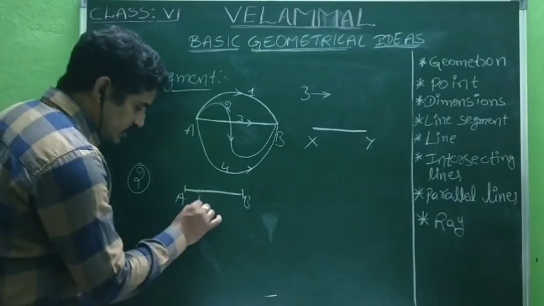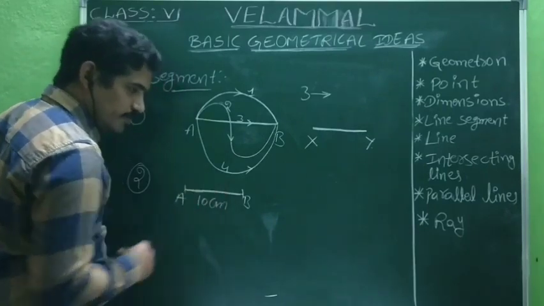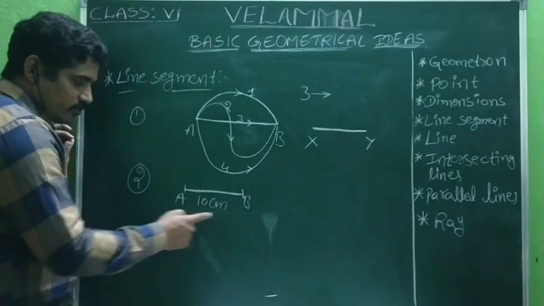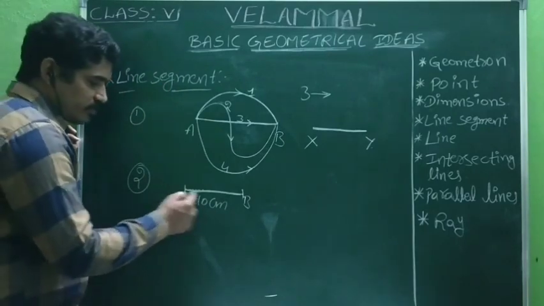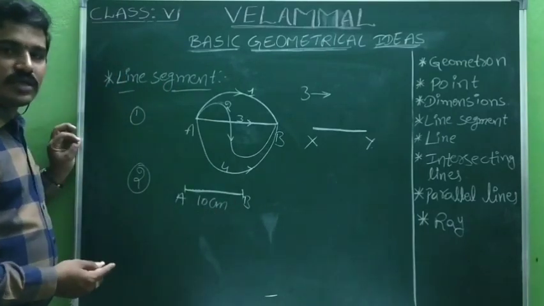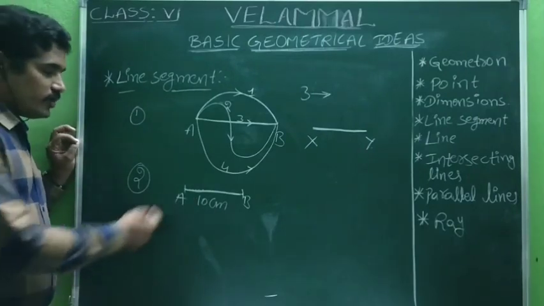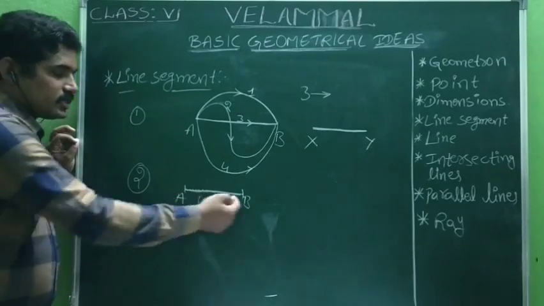See, for example, I am saying this is a 10 centimeter line segment. Now, one person is asking: on this 10 centimeter line segment there will be an infinite number of points. Why? A point doesn't have any length, thickness or breadth. So we can say in this 10 centimeter there will be an infinite number of points.